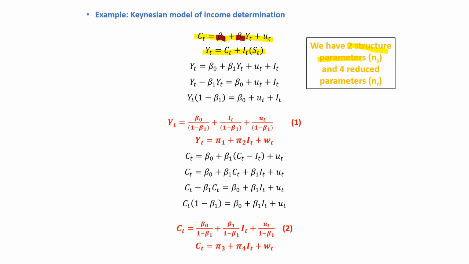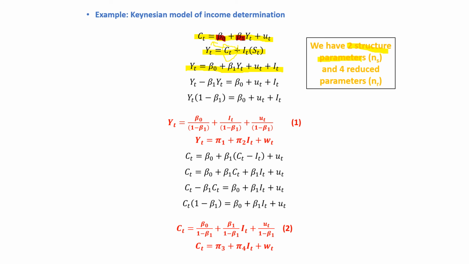So we can say that Y equals beta naught plus beta 1 Y plus u plus I. We have just replaced C in this example by its definition, C equals beta naught plus beta 1 Y plus u.